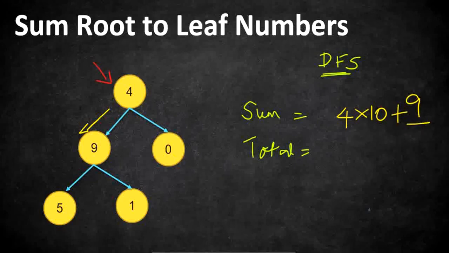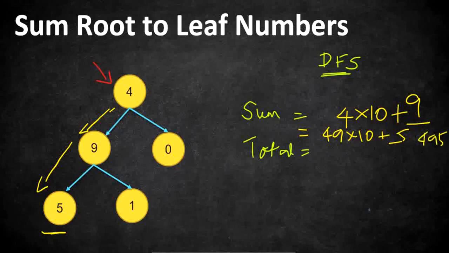That means 49, because we have to construct our numbers in such a way that the digits go in hundreds, tens and ones positions. Suppose there are 4 nodes, then it should go like thousands, hundreds, tens and ones position. So again, when we traverse towards the next node 5, we again do times 10 plus the value to construct the number. So now it will be 49 times 10 plus the current node value, which is 5. So it will be 495 at the end.